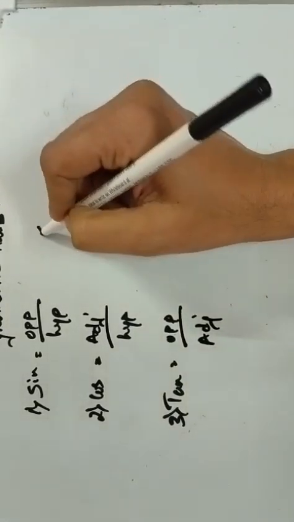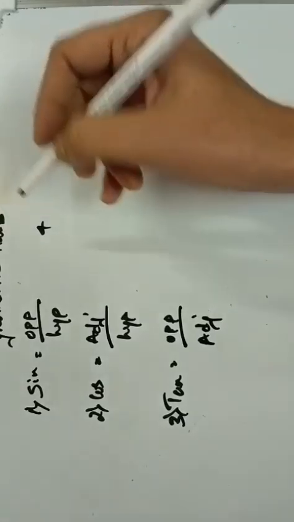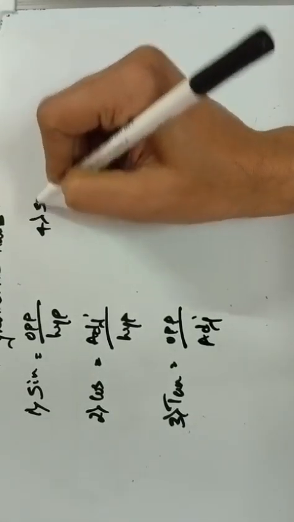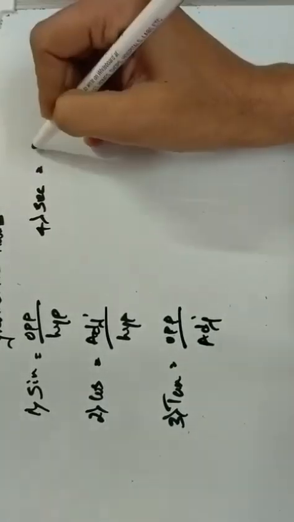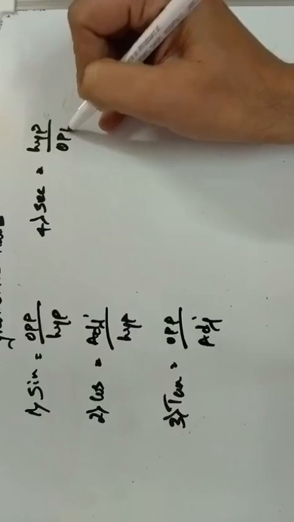And the fourth one, the inverse of sine theta, that is cosecant theta, that is hypotenuse by opposite.